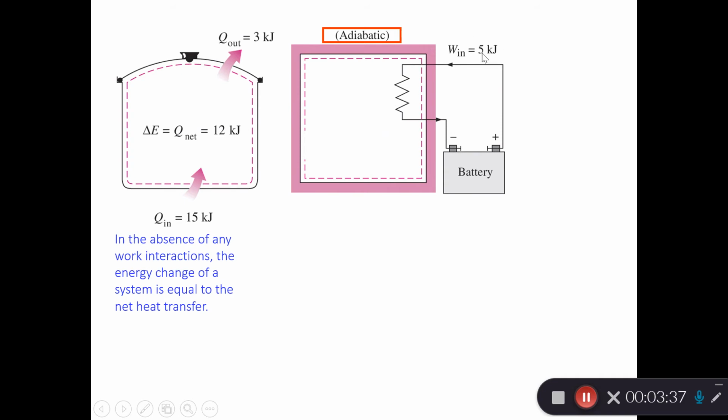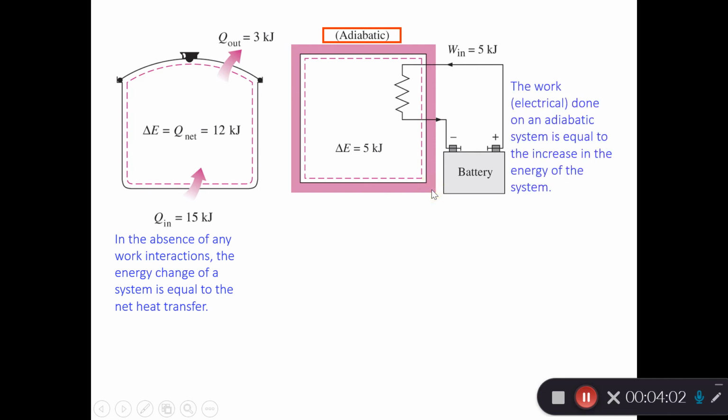Normally, because you are putting so much electrical work inside the system, there would be a heat loss to the surroundings. But because the system is adiabatic, meaning it's insulated, you will not have any heat loss. So the delta E inside the system will be 5 kilojoules. Unlike this one, which has no insulation, so the heat is lost.